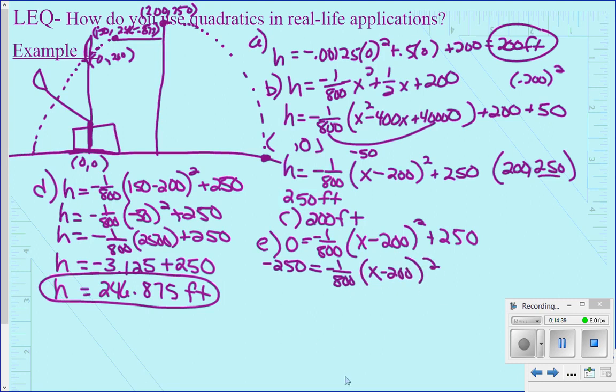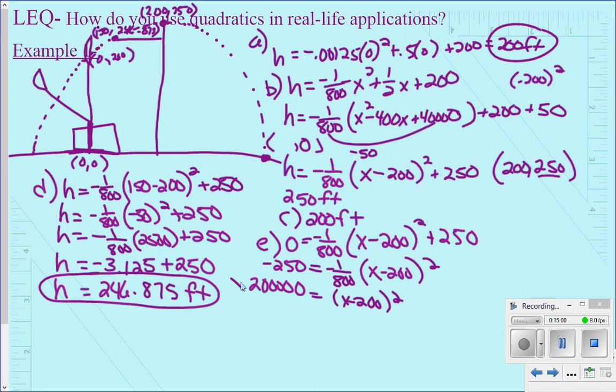Next, I'm going to divide by negative 1/800, or that's the same thing as multiplying by negative 800. And when I do that, I'm getting 200,000 is equal to x minus 200, the quantity squared.